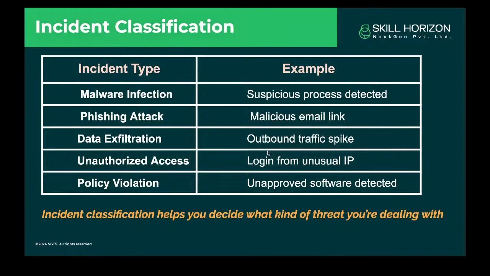Data exfiltration means an outbound traffic spike, your traffic will increase. Unauthorized access means you are receiving continuous login requests from an unusual IP or location. A policy violation means unapproved software is detected.